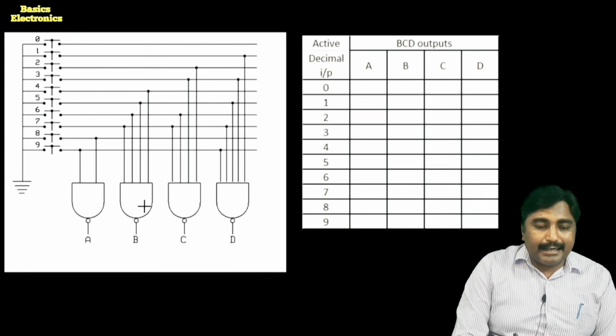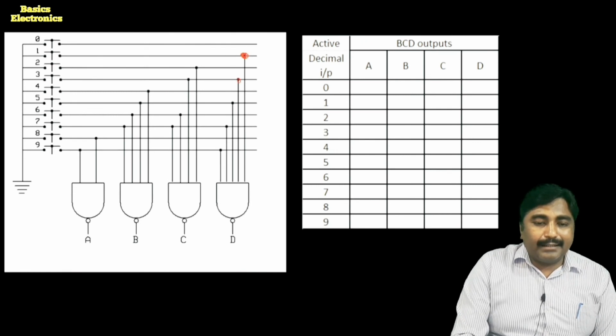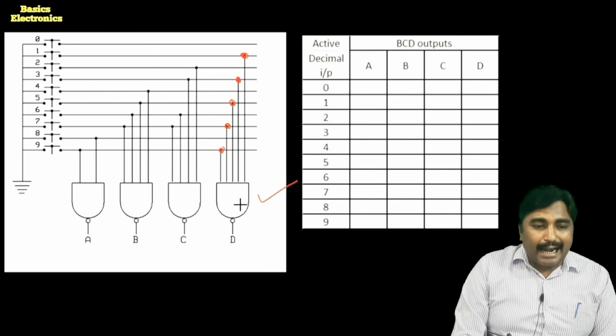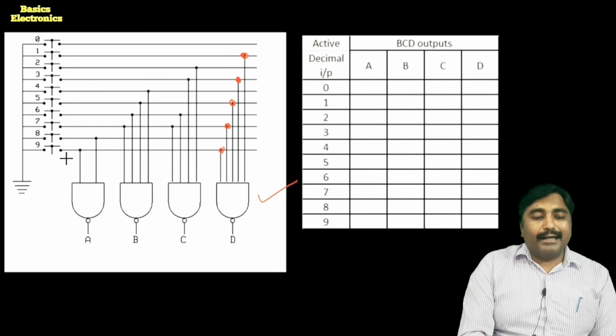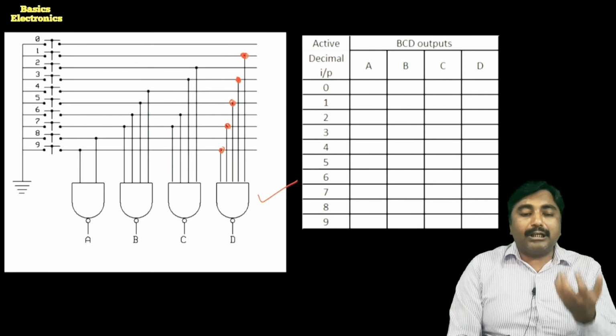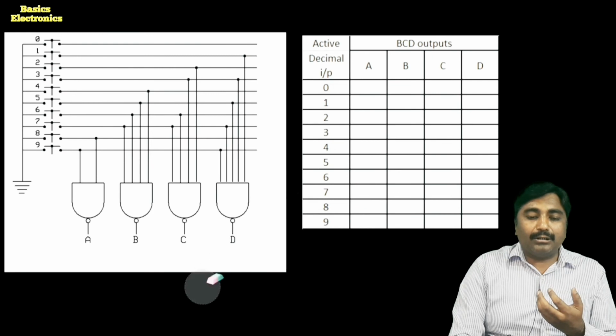The connections are the same: switch 1, then 3, then 5, then 7 and 9. Only the gate is changed. Instead of the OR gate we use the NAND gate, and instead of applying logic 1 we apply logic low, or logic 0.